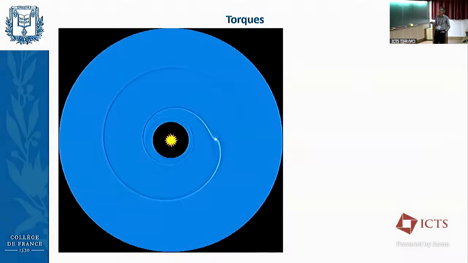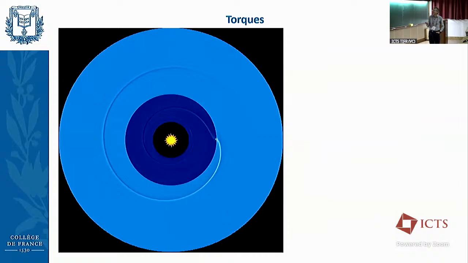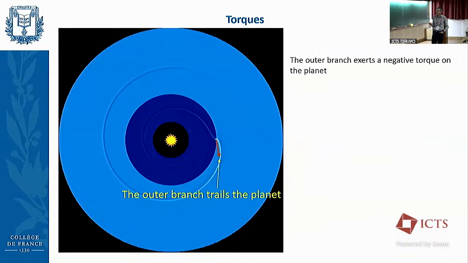So now we are armed to try to understand why the planet has to migrate. So as I said, the planet breaks the axial symmetry in the disk because there is this overdensity which doesn't have an axial symmetry. So let's consider first the outer part of the disk, so the disk beyond the location of the planet. What does the planet see? Rather uniform disk plus an overdensity, which is here. An overdensity by gravity exerts a force on the planet, right?